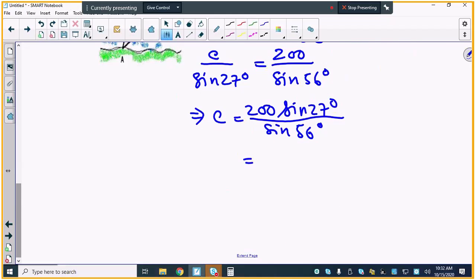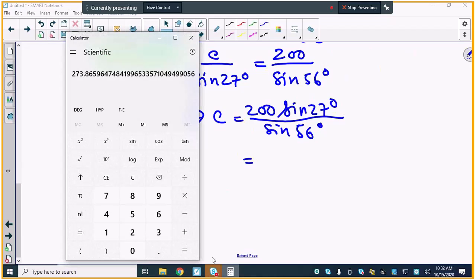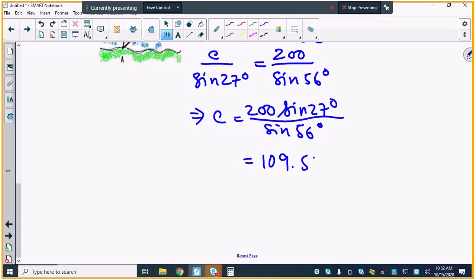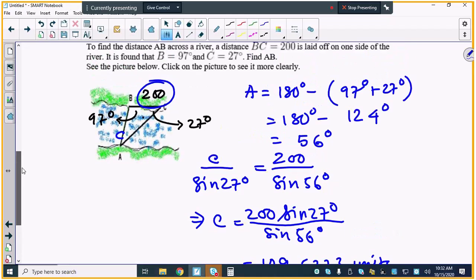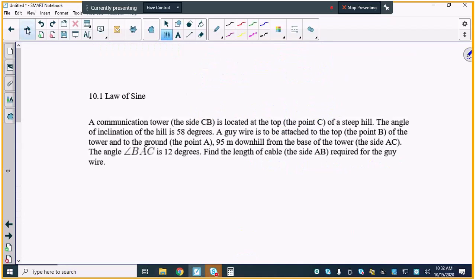So calculator, and we said we will round to nearest 4 decimal places. 27, take the sine of that, multiply by 200, and then divide by 56 and the sine of that. So it's 109.5223 units. That is the distance between the points A and B, which we wanted to know. Answers our question. Let's see what else we have.